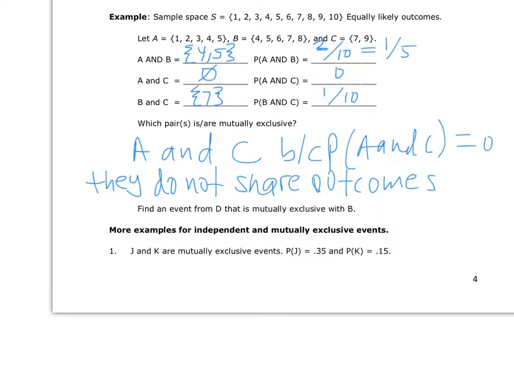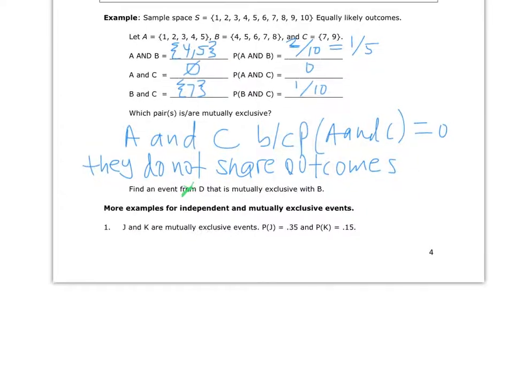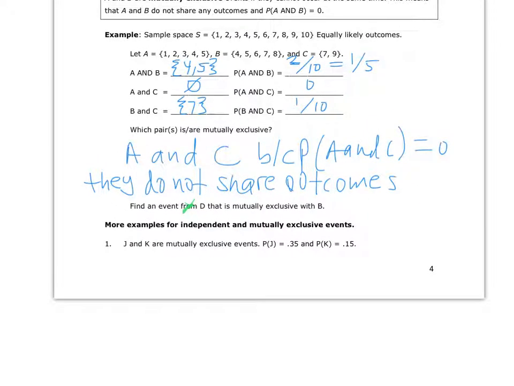Okay, one other question in that example that almost gets lost there. Find an event, we'll call it D, that is mutually exclusive with B. All right, well, there are a lot of options, probably many that we could come up with.